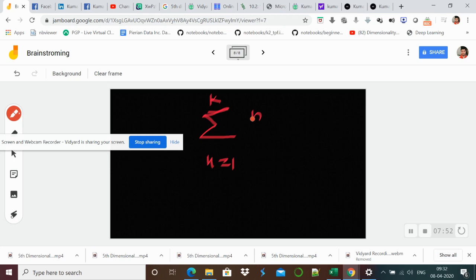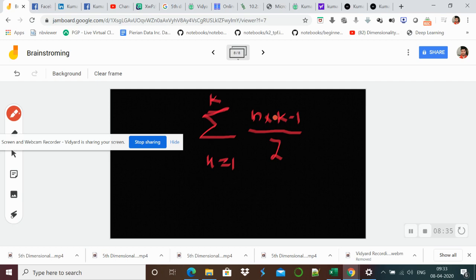So n into n, multiplication up to the k minus 1th dimension, all divided by 2. So n is continuously calculated.